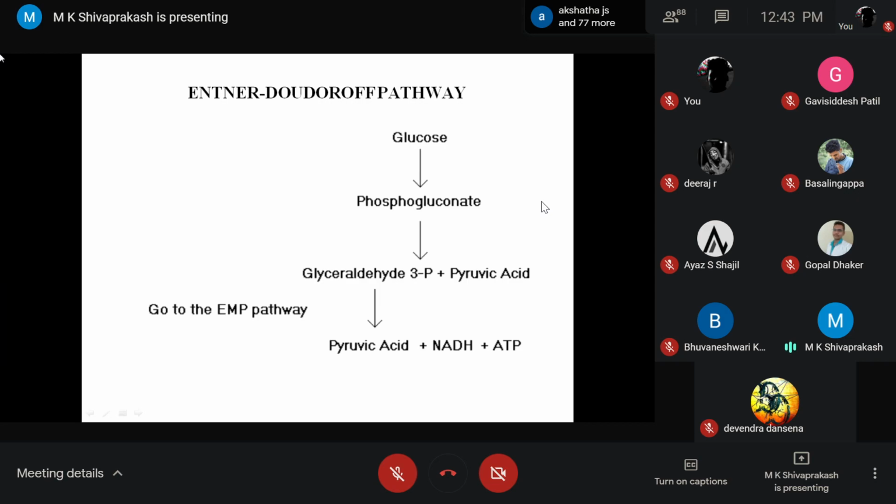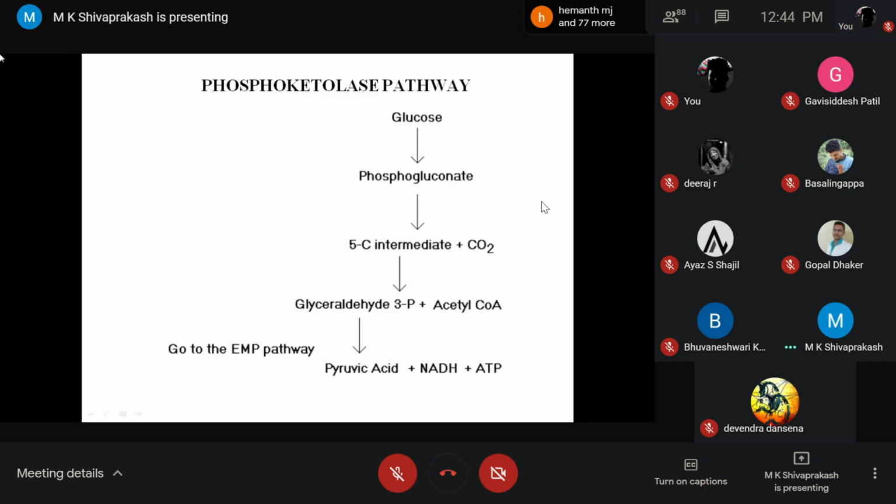This glyceraldehyde 3-phosphate, an intermediary of the EMP pathway, then follows the EMP pathway, giving another molecule of pyruvic acid and NADH.